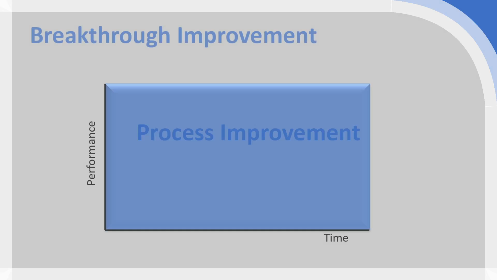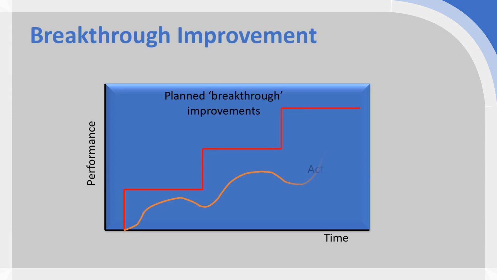So the first type of improvement process we can look at is often called breakthrough improvement, and it is commonly or closely associated with BPR in particular, but it's also a fairly traditional way of making any kinds of grouped improvements. So with breakthrough improvement, you have a lengthy planning period where you examine your existing process or processes, and then you group together a range of improvements, a range of changes to the process itself.